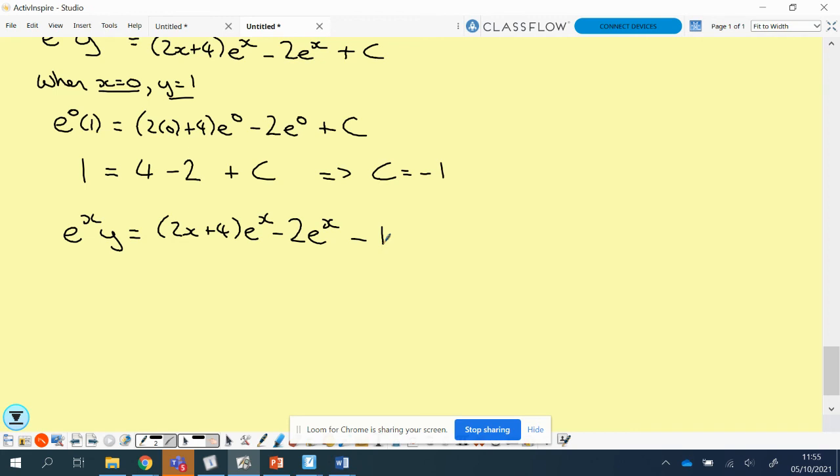Last step, let's get y, so we'll divide everything by e to the x. I'm left with 2x plus 4 minus 2 minus 1 over e to the x. A lot of the e to the x's cancel out, and if we do one final tidy up, I get 2x plus 2 minus 1 over e to the x.